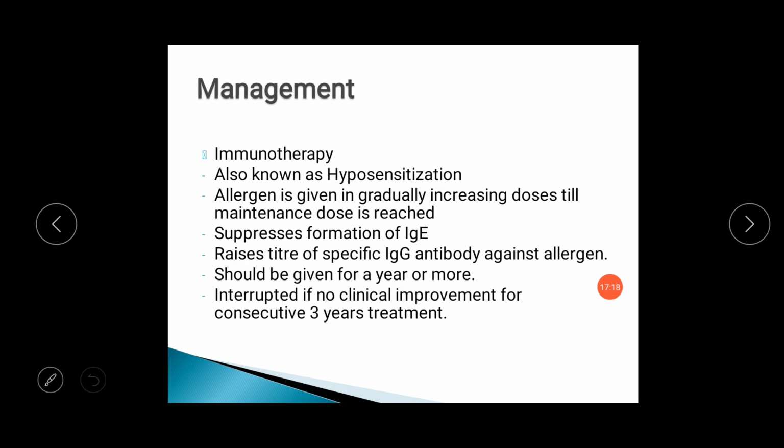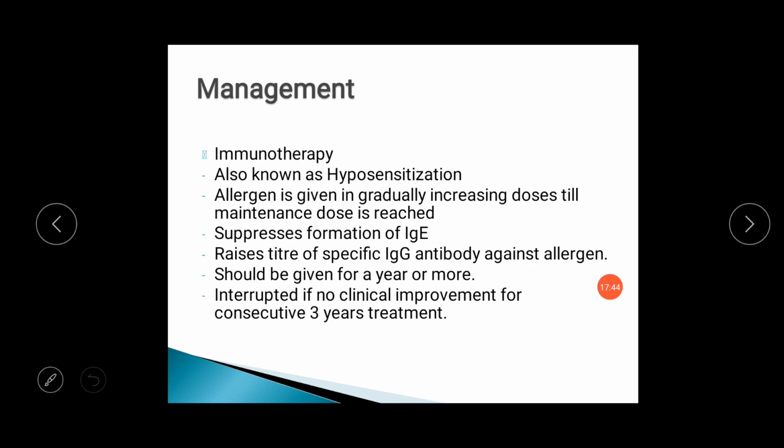The third one is immunotherapy. It is also known as hyposensitization, in which if a patient is allergic to a particular allergen, that allergen is given gradually in increasing doses till the maintenance dose is reached. It causes suppression of the formation of IgE antibody in the body.